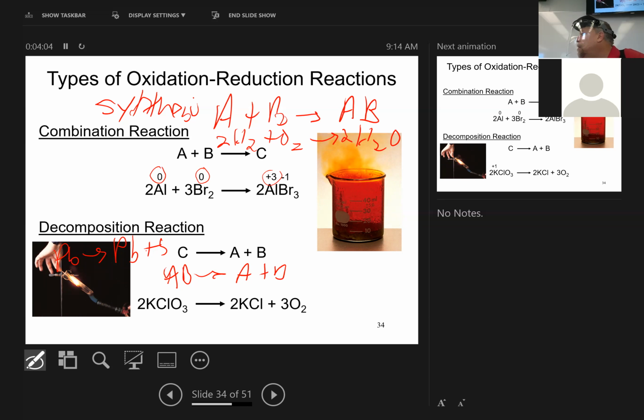Then why does the aluminum say the charge is 0 if it should be 3? Well, it starts at 0 because that's the aluminum metal. Because it's in a solid form, the extra electrons are going around, and it's just defined as 0, and that'll be explained later. It only loses electrons when it goes to form an ion.